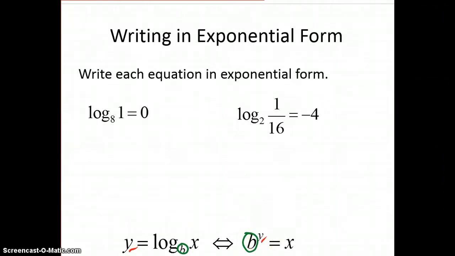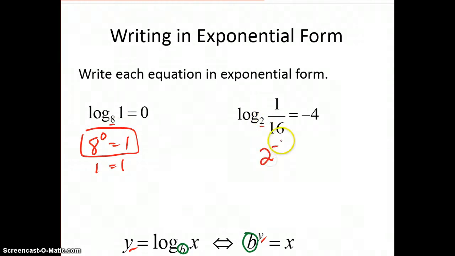And then so what we're going to do is we're going to take this and we're going to say 8 is the base. It's being raised to not what's right next to it, but the other part. It's going to be raised to the 0 equals 1, and that's true. 1 equals 1. Okay, so we're just worried about writing it in this exponential form. Here we have 2 as the base, so it's 2 to the negative 4 is equal to 1 over 16.